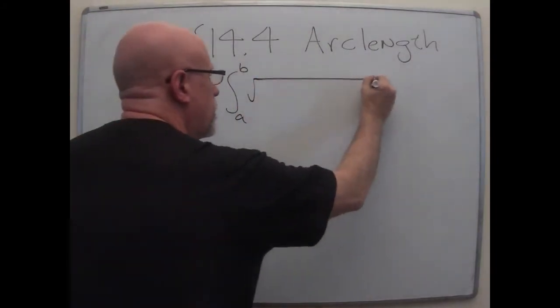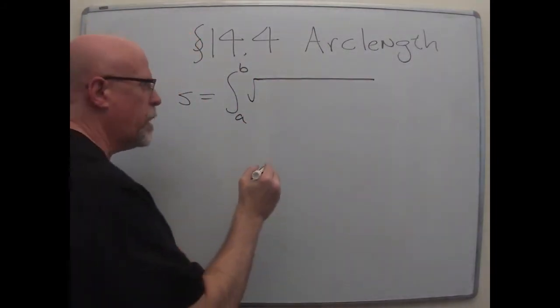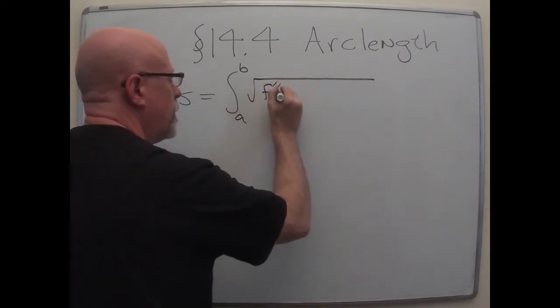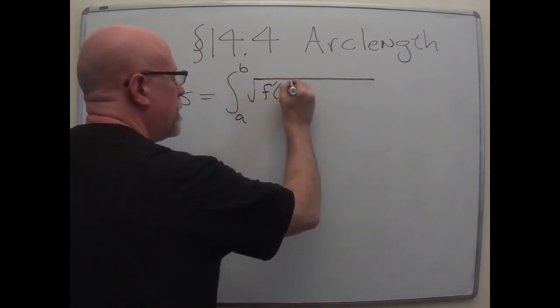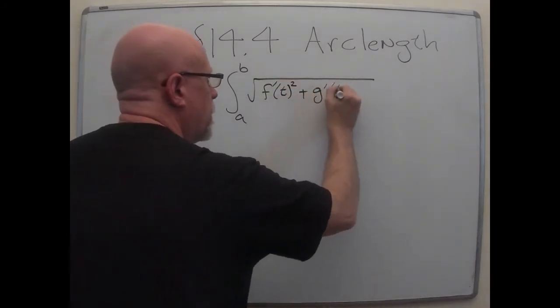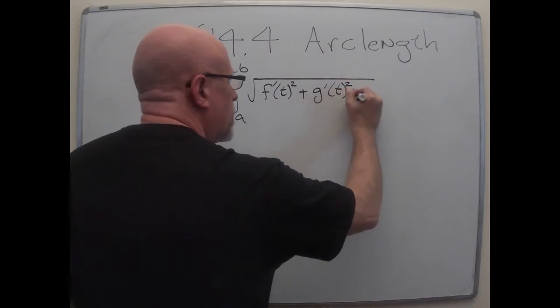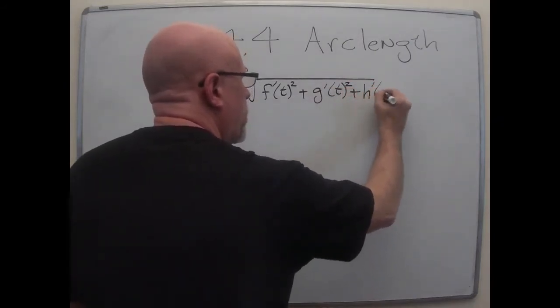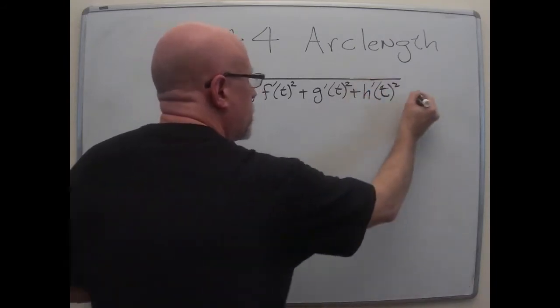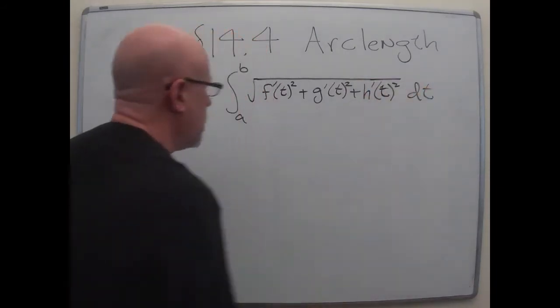Square root of, what are we using? F, G, and H, I think, for our coordinate functions. So f prime of t squared plus g prime of t squared plus h prime of t squared, integrating with respect to time.